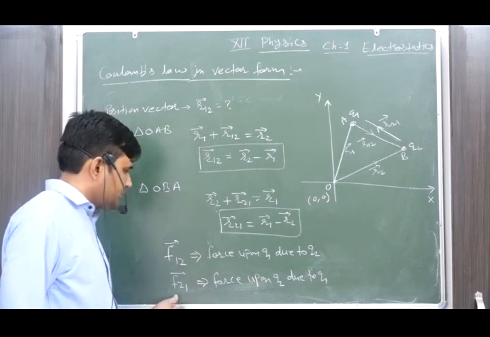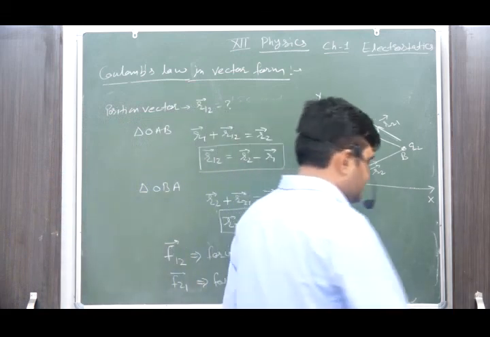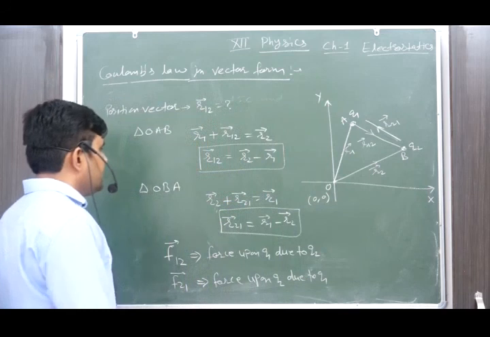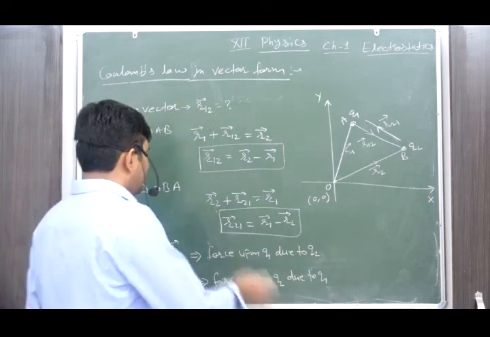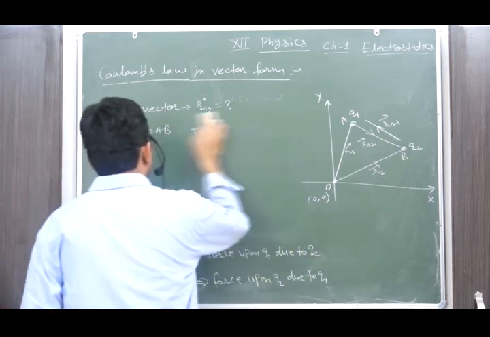Force on Q1 due to Q2, force on Q2 due to Q1, defined as F12 and F21. Now we are going to find the value of F21 and F12.